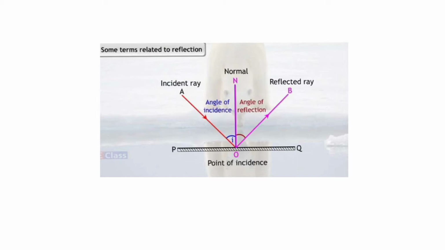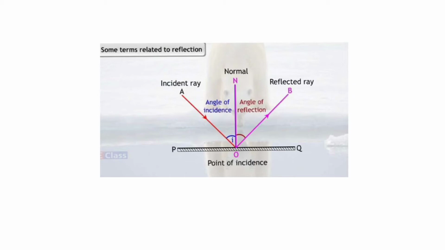One more thing to remember: the angle is always between the normal and the ray. Please never take it with the surface PQ. It should be with the normal. Normally what happens is we start measuring from here or from here, but the angle of incidence and angle of reflection should not be measured with the surface of the mirror. It should be measured with the normal, that means this perpendicular part. So always keep that in mind.